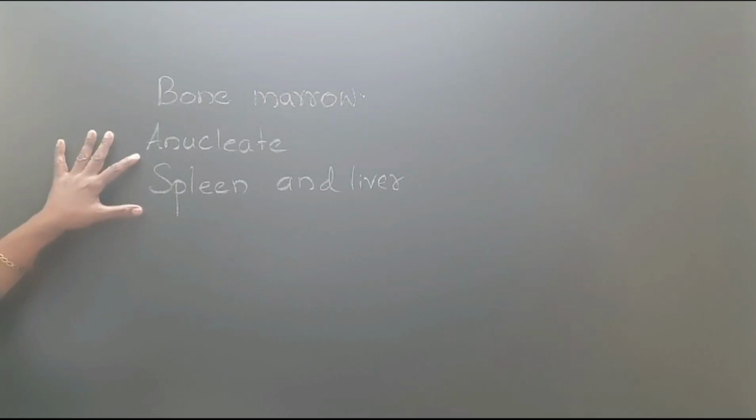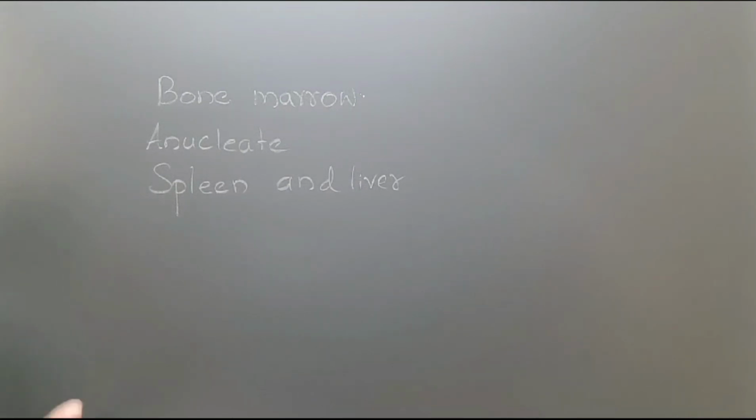Now, platelets are anucleate, meaning they have no nucleus. Absence of nucleus: anucleate. Now we learned about RBC, WBC. RBCs, when they are produced, have a nucleus.